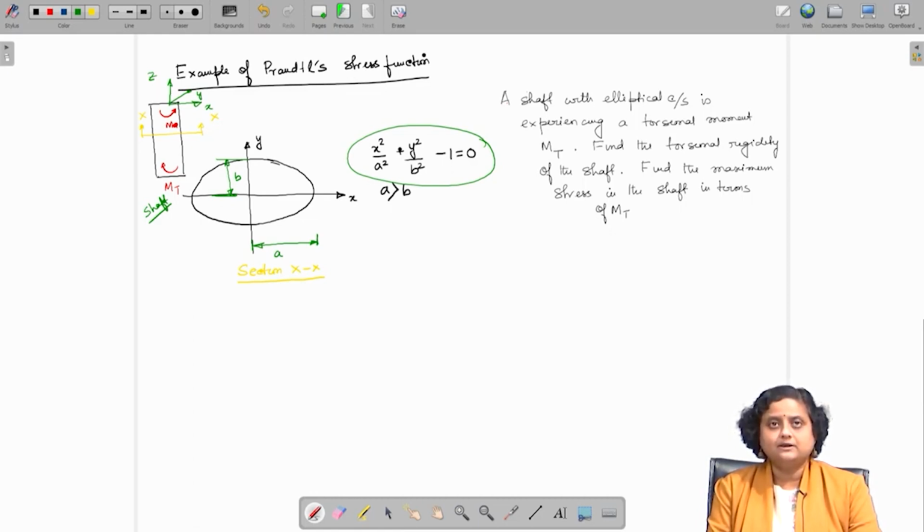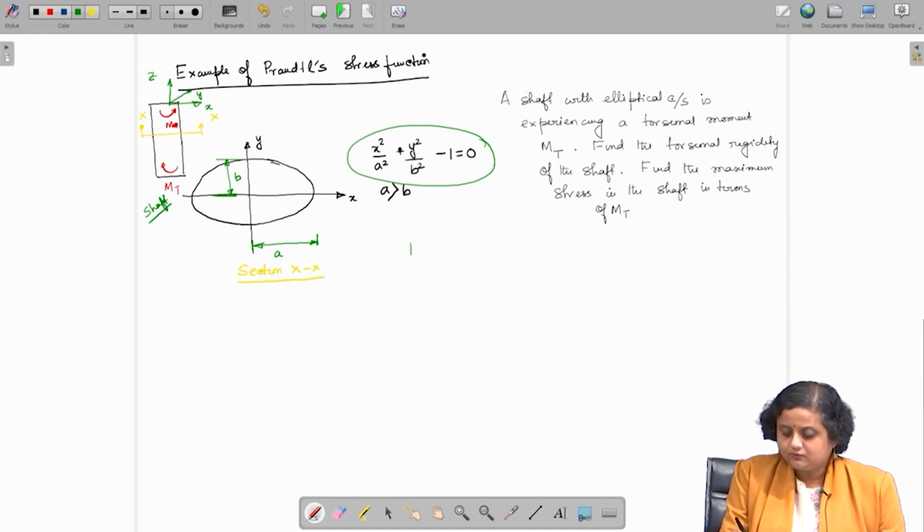How will we find the torsional rigidity? We will write the torsional moment Mt in terms of theta, and that relation will give us the torsional rigidity GJ. Once we find that, we will find the expression of the shear stress in terms of Mt and find its maximum value. So, let us proceed.